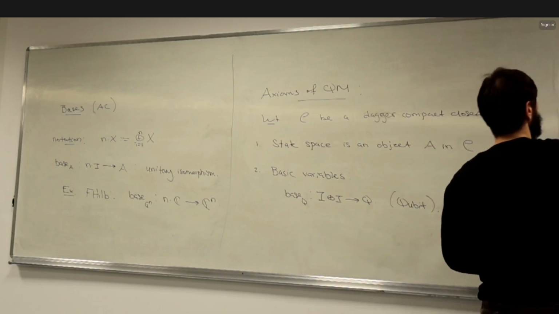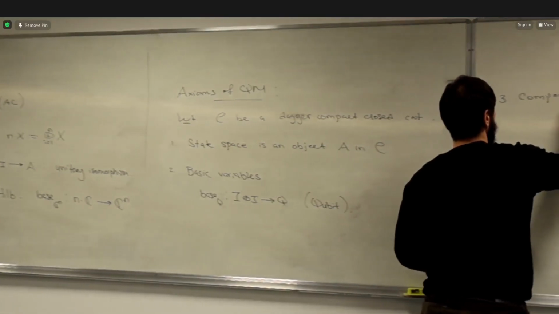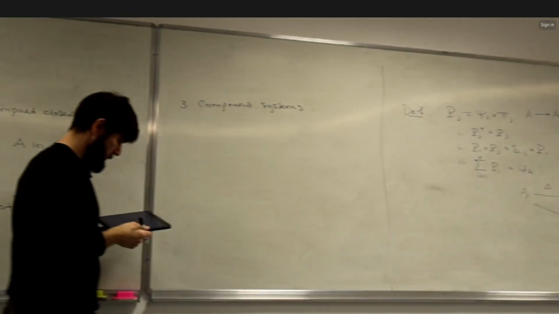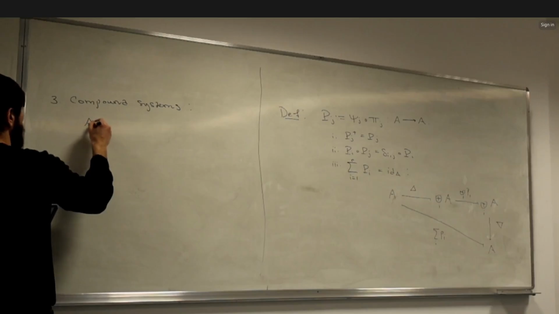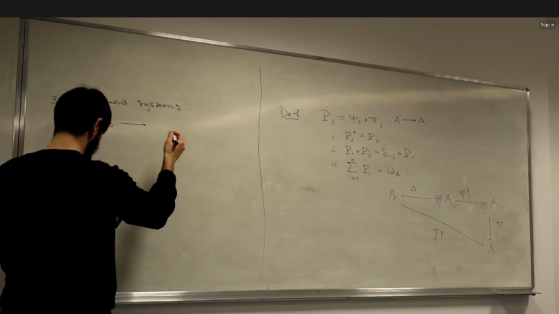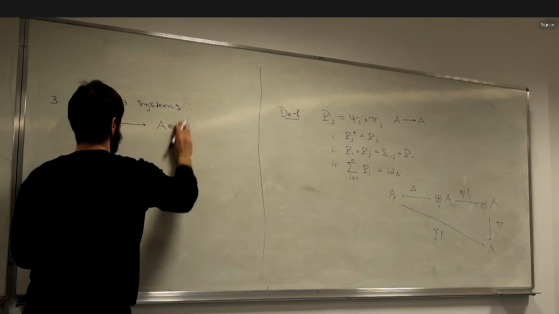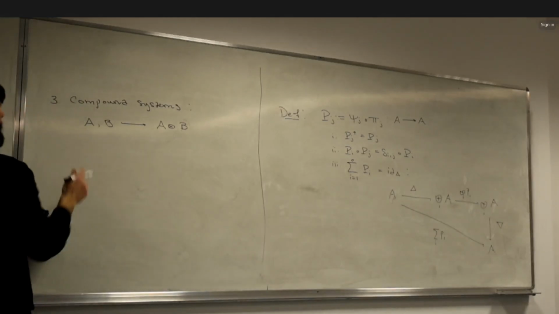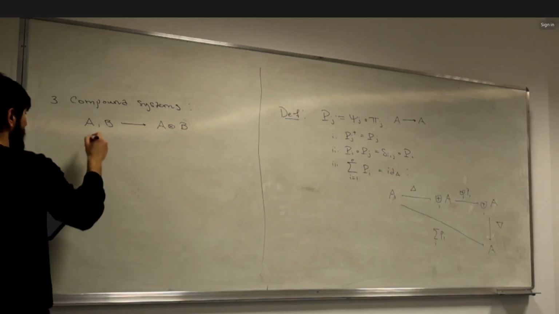So we also have this one, which will be as follows. If I have two objects and I use the monoidal functor to map them to A, B, then this will be my composite or compound system.